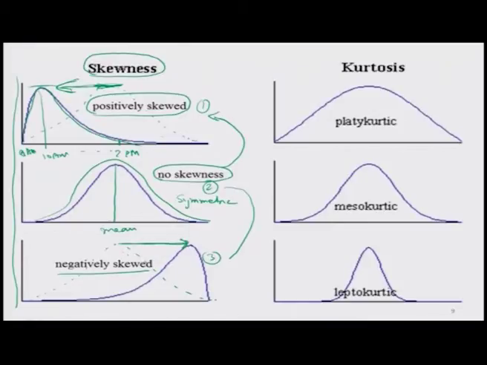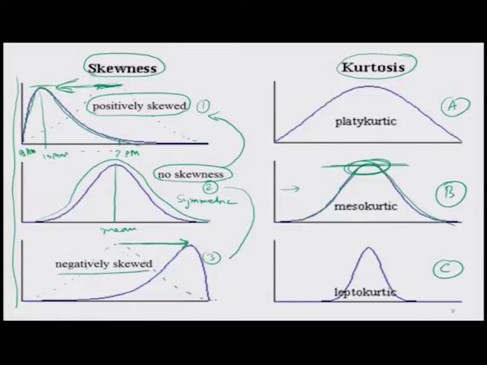Similarly, we have another aspect called kurtosis. What is kurtosis? Now we look at the 3 graphics on the right hand side, and let us call them graphic A, graphic B and graphic C. First we look at graphic B. You can see this is a symmetric curve and it has a hump, here.